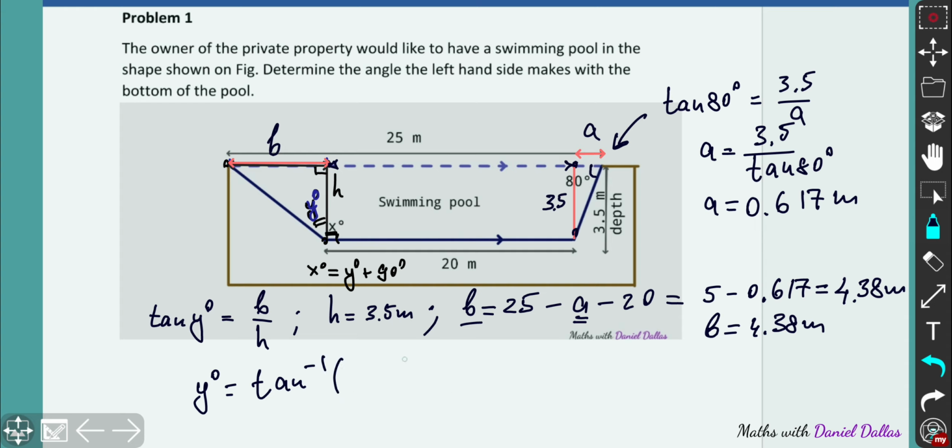Then we can calculate tangent y, or simply take y as the inverse tangent of b over h. So we've got b as 4.38 meters over h, which is 3.5. Let's calculate tan inverse of the fraction 4.38 over 3.5, and I've got around 51 degrees, 51.37. From there I can figure out the complete angle x.